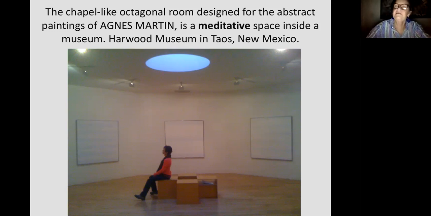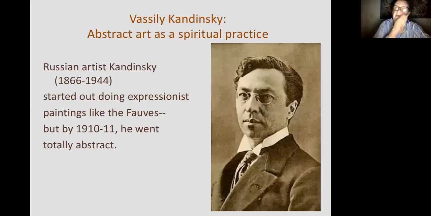So we've just seen 2 abstract minimal artists, Rothko and Agnes Martin, whose works are now housed in chapels. I think that's pretty clear indication that something spiritual is going on here.